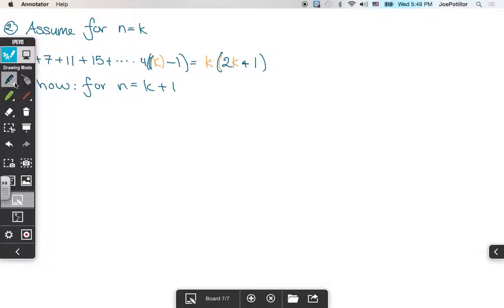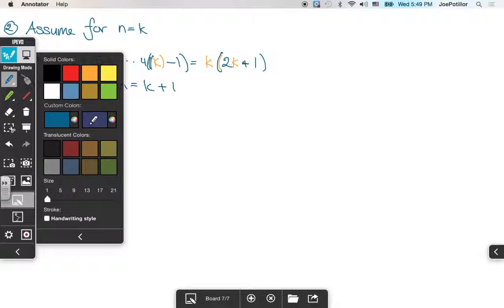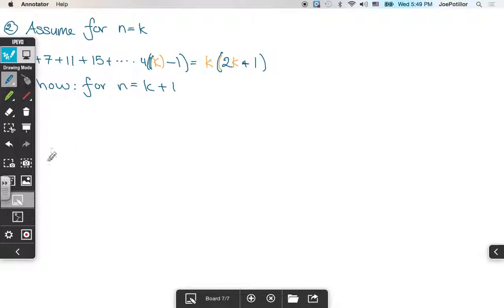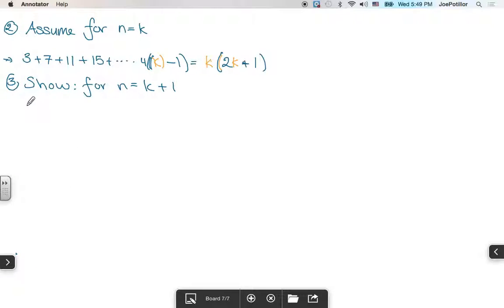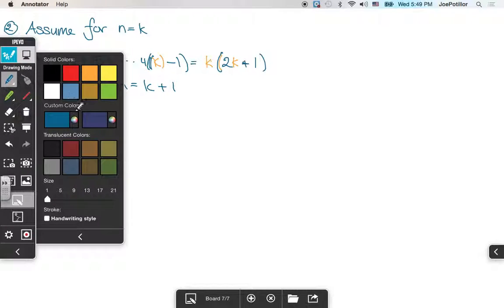So we're going to let k plus 1 be this purple right here. Okay. So if I plug in k plus 1 to the equation, we'll use purple for k plus 1.